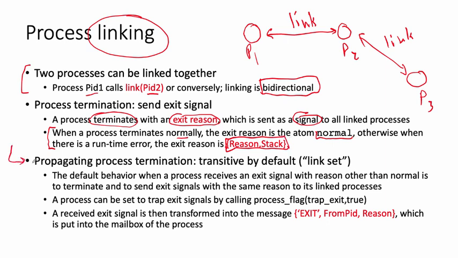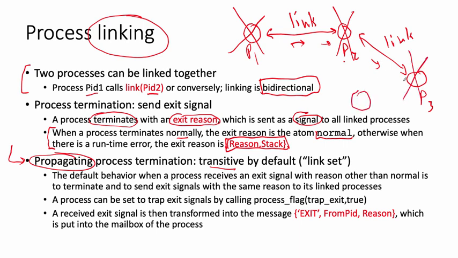Now, normally, process termination is propagated. It's transitive. So when process P1 crashes, it sends an exit signal to P2. When a process receives an exit signal with a reason different from normal, by default, it will also crash, and it will send the exit signals forward to the other processes. So all of them crash, and if there are even more linked together, they all crash.